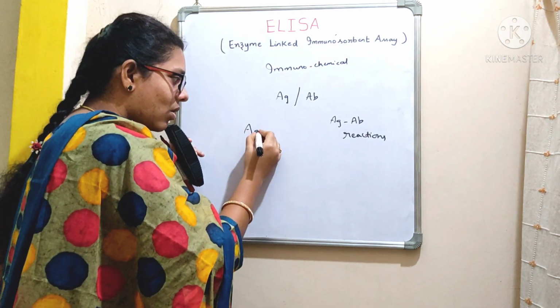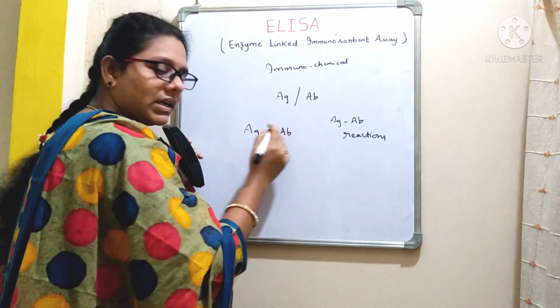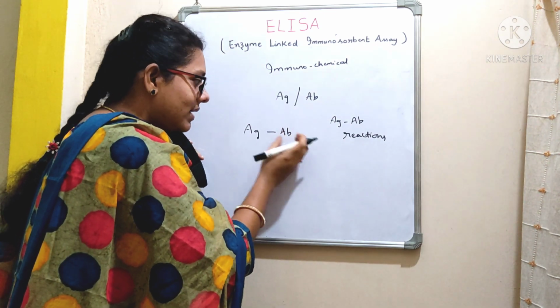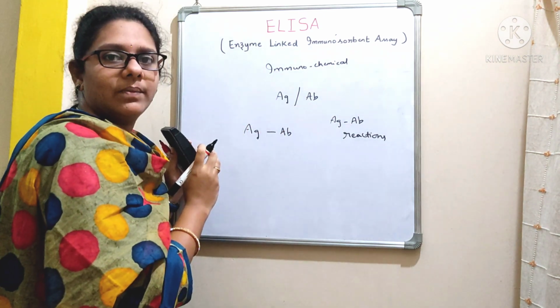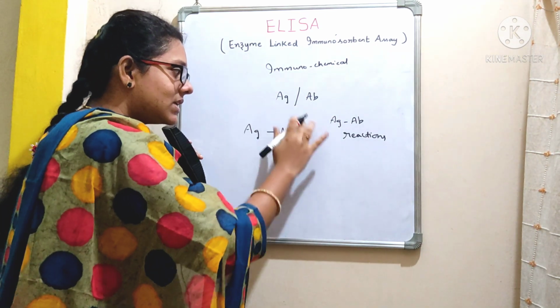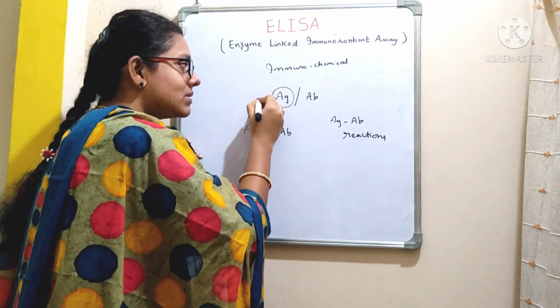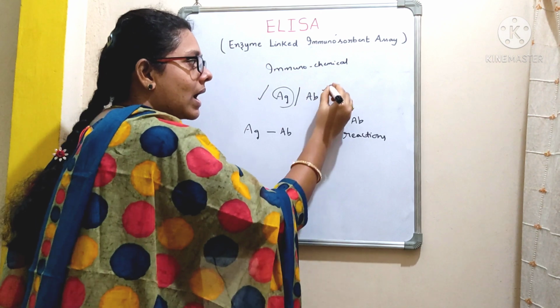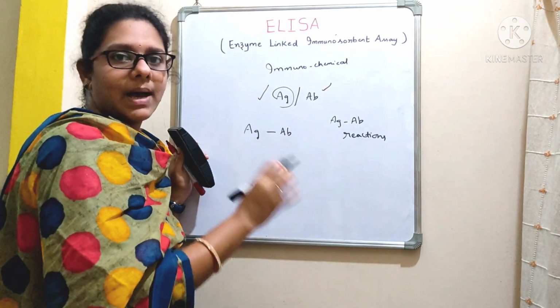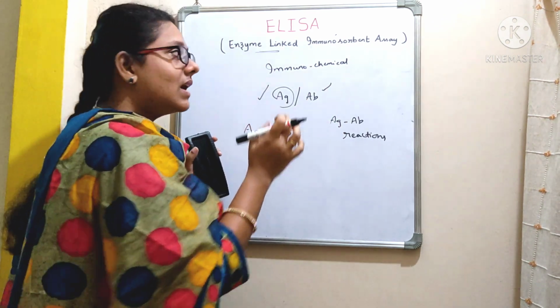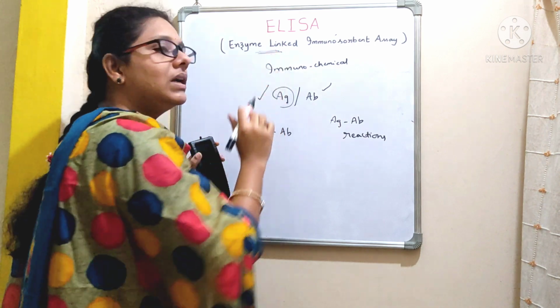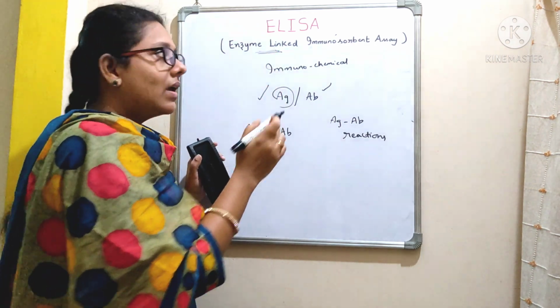The antigen always interacts with the antibody if this antibody is specific to this antigen. Based on these antigen antibody interactions, we can easily detect the presence of either antigen or antibody in a biological sample.